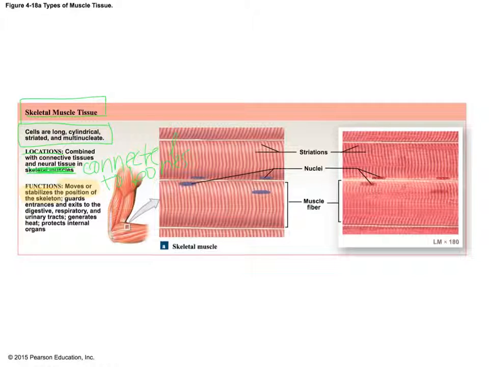We're going to skip down here to generates heat. Let's do those two. So it generates heat when you're doing what? When you're moving and when you're shivering. So all of that is going to generate heat. That's why you shiver, to stay warm. So when your muscles contract, they give off heat.